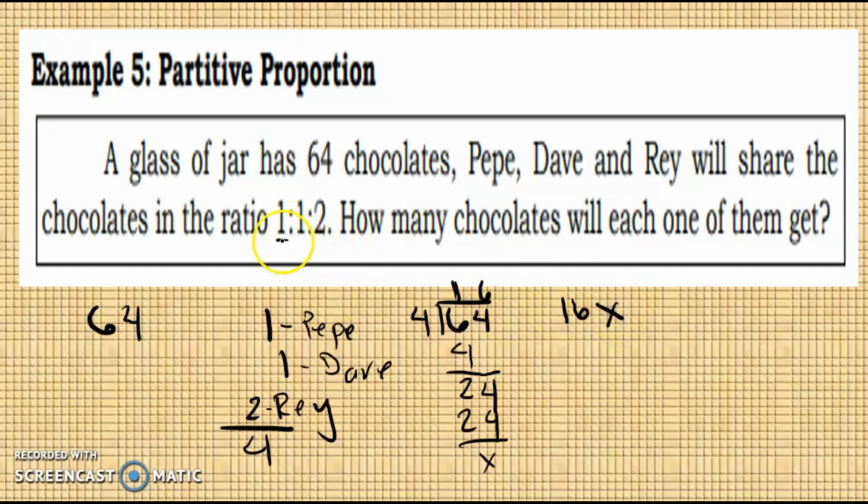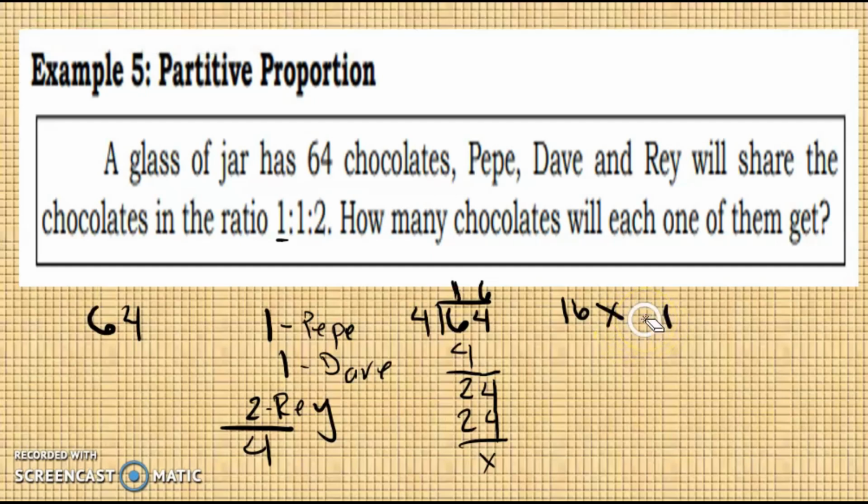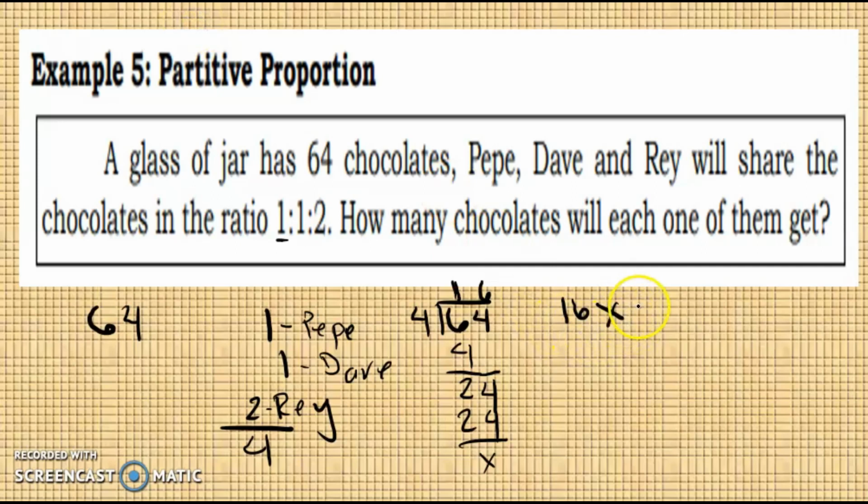So, 1 para kay Pepe times 1. Oh, sorry. Sumobra yung 1. Burahin natin. Ayun. So, times yung unang ratio kay Pepe is 1. And then, kay Dave, 16 din times 1 din.